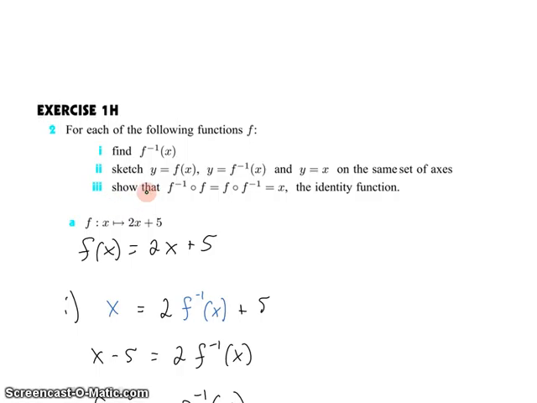Right, part C says to show that the composite function inverse of f of f of x is equal to f of the inverse of f of x, and that they're all equal to x.